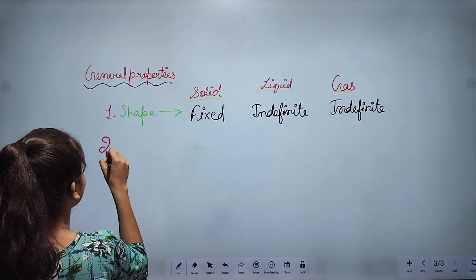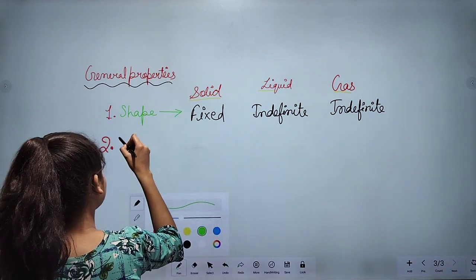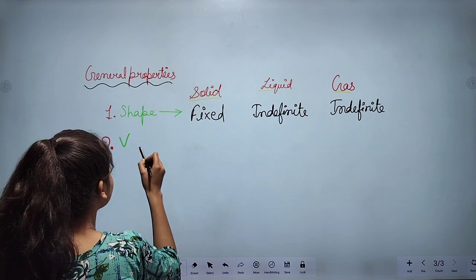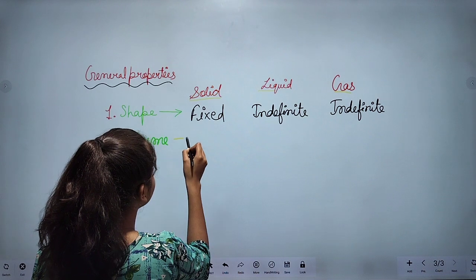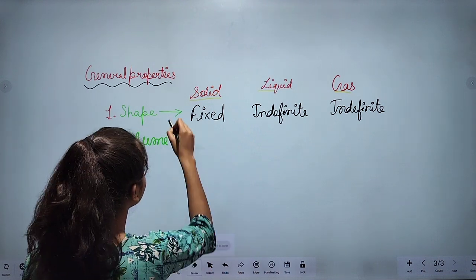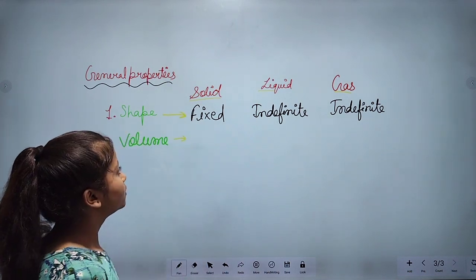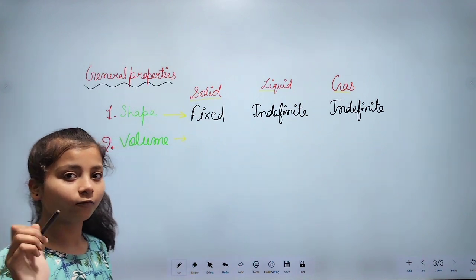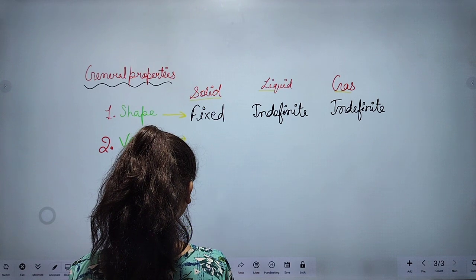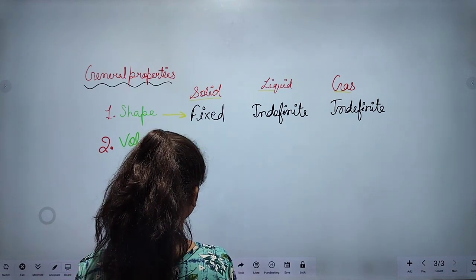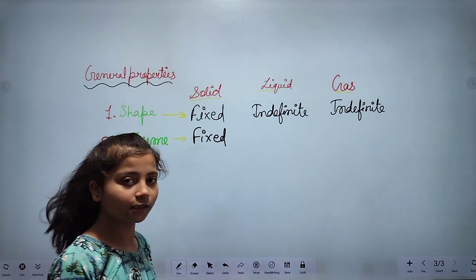Now our next general property is volume. So volume of solid is fixed, and liquid is also fixed.